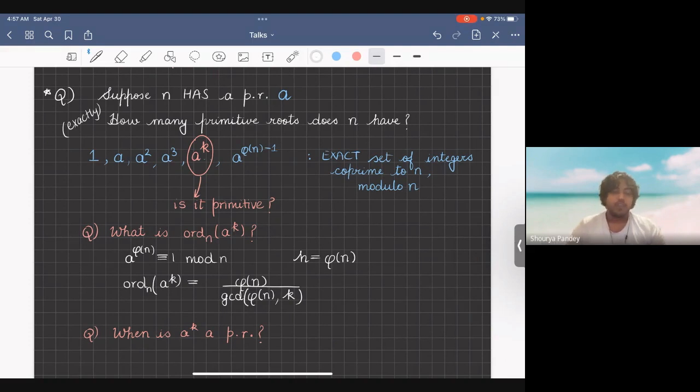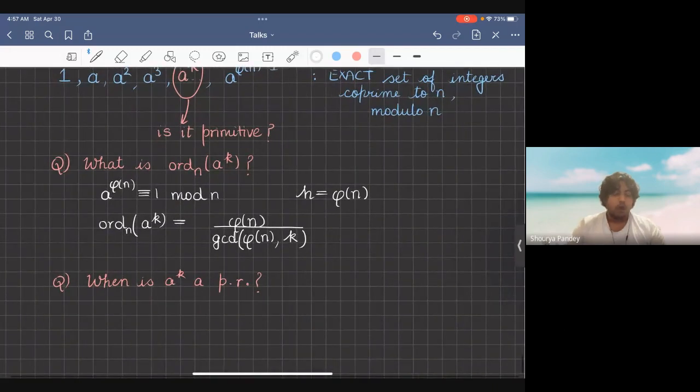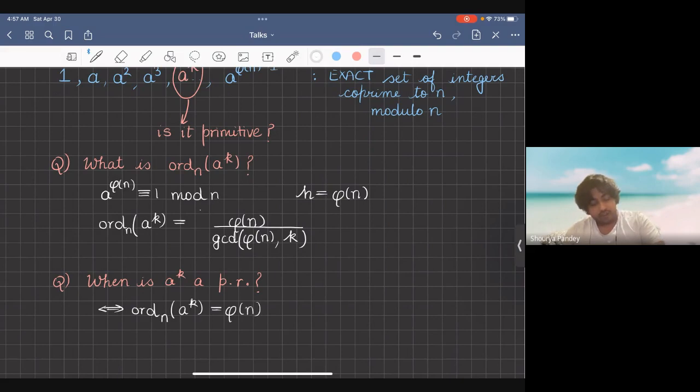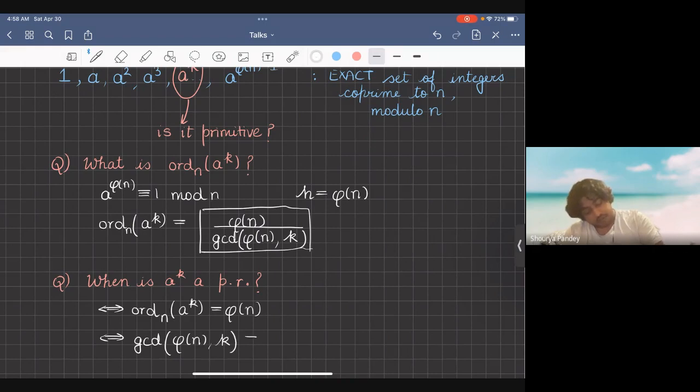So when is a to the k a primitive root? Simply when the order of a to the k is phi of n, by definition of a primitive root. So a to the k is a primitive root if and only if the order of a to the k is phi of n. But we just said what this order is, and so this is equivalent to saying that the GCD of phi of n and k is equal to 1.